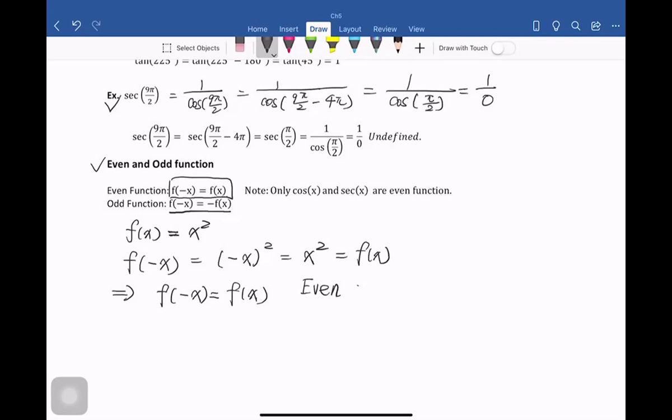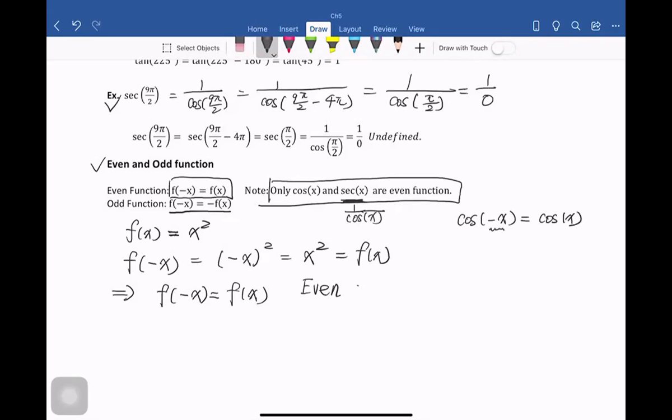For the 6 trig functions, only cosine x and its cofunction, secant x, which equals 1 over cosine x, are even functions. That means cosine of negative x equals cosine x.